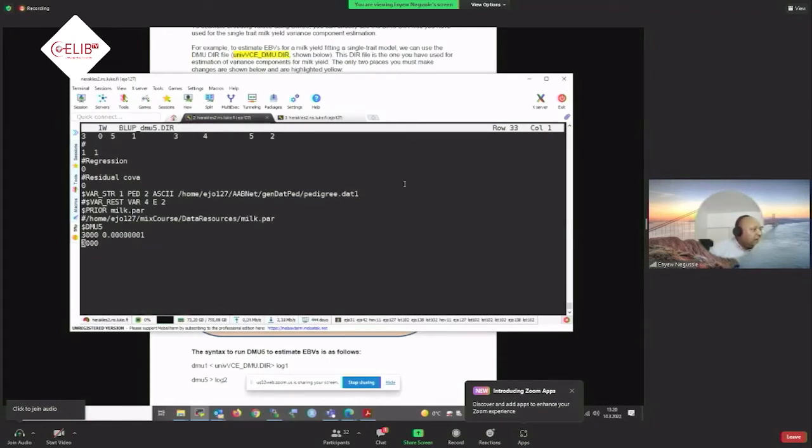You've only included from prior start.value, then DMU5, 3000, then the 0 point something, then 3000 below. But where we're including milk.par is not there. Okay, this is a parameter file. What you can do is copy this one in the chat and save it to a file called milk.par. But you have to put this file where you are running the runs.